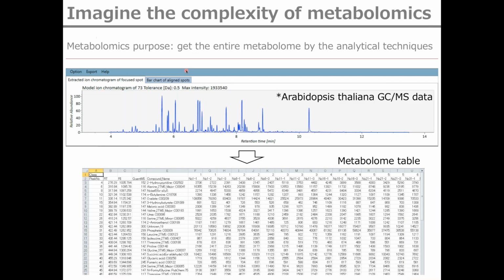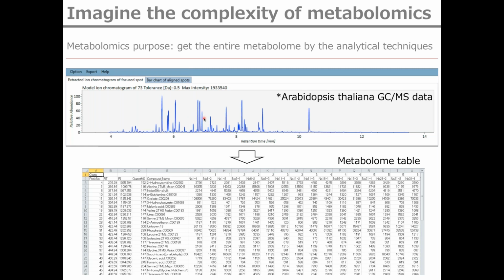Okay, let's move to the science talk. And I'm using this kind of slide to explain the reason why I'm doing computational mass spec. So as you know, we are supposed to analyze very crude biological samples in metabolomics, and we will find many peaks like this.